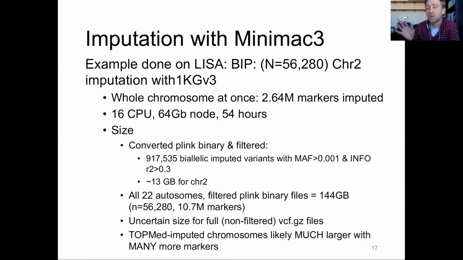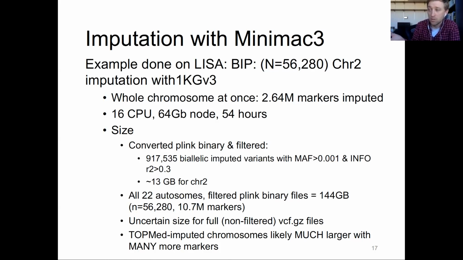I had previously done this, and because I was running out of room on my home directory on Lisa, I deleted the VCF files because those were huge. So I don't know the actual sizes, but for the filtered data, and you can see the filters that I applied with minor allele frequency and info R-squareds, the filtered data for all 22 autosomes was 144 gigs.